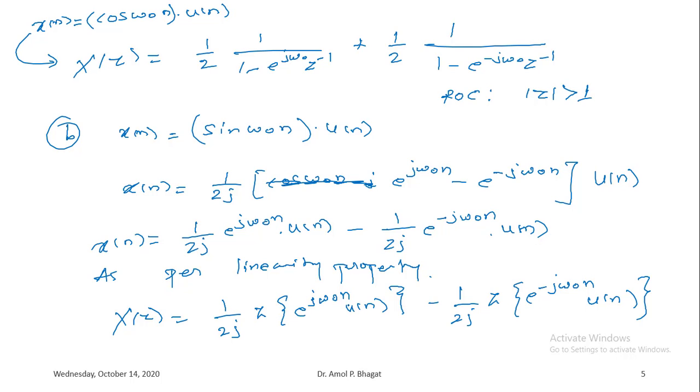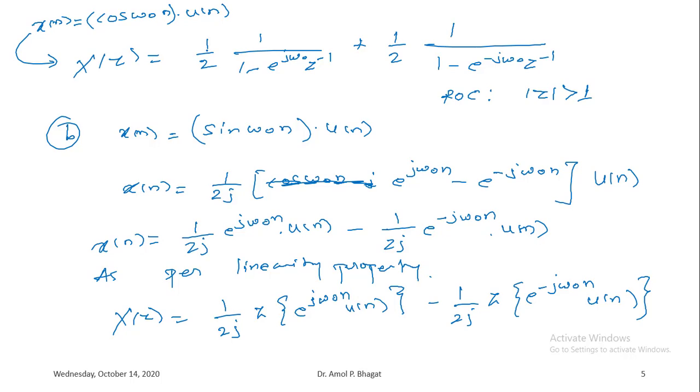Okay, so again I will rewrite that equation, that is x of z is equals to 1 upon 2j z transform of e to the power j omega 0 n into u of n minus 1 upon 2j z transform of e to the power minus j omega 0 n into u of n.